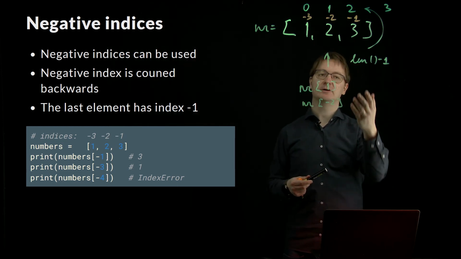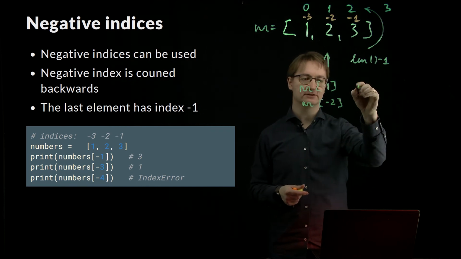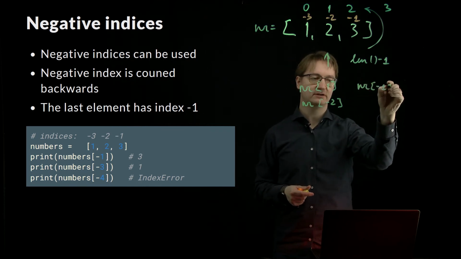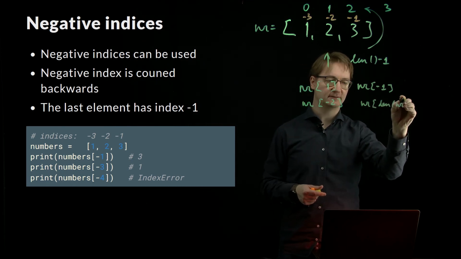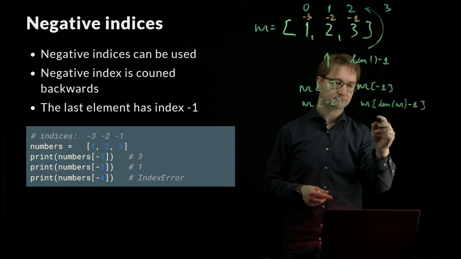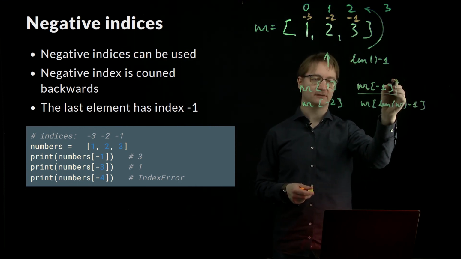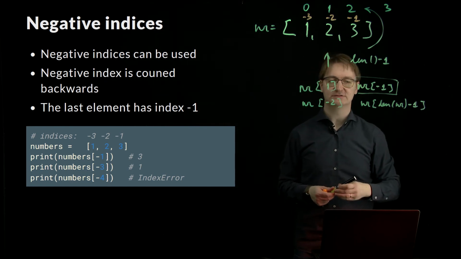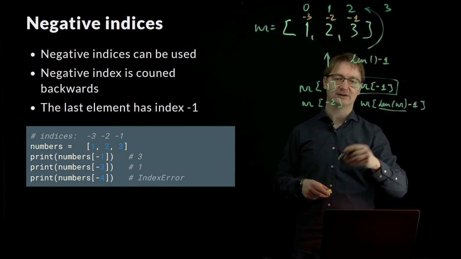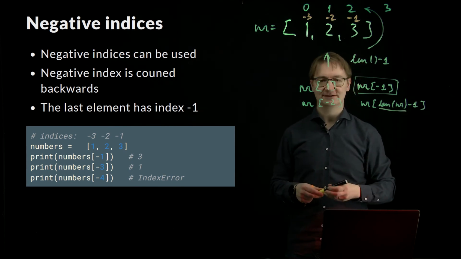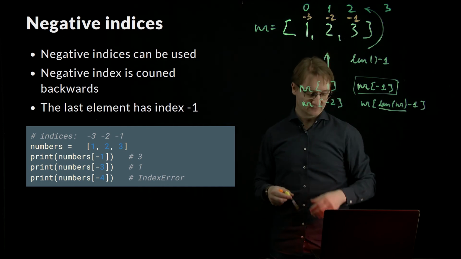And especially if we want to get the last element, it's more convenient to use -1 than to use length of numbers minus 1. You can compare. It's very convenient in Python. In some other programming languages, you don't have this convenience, and you always have to calculate the length and take 1 off of the length. So this is very convenient in Python.